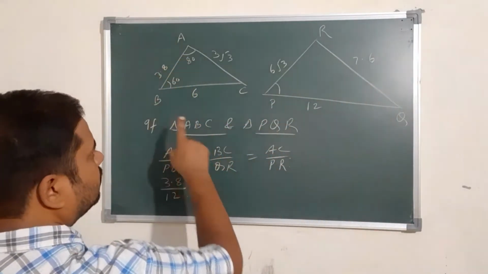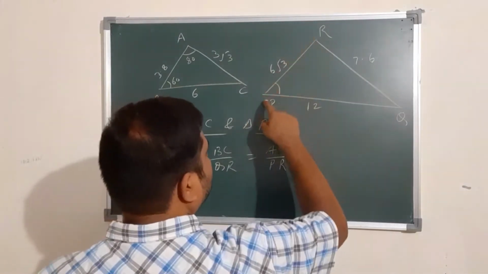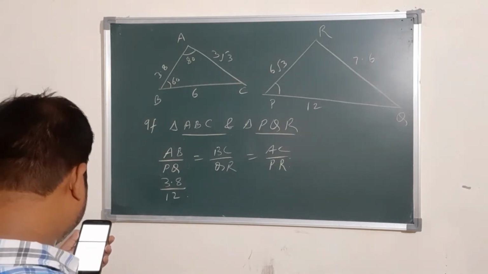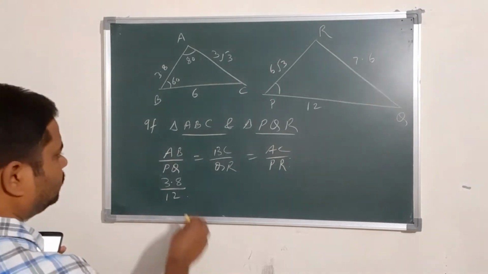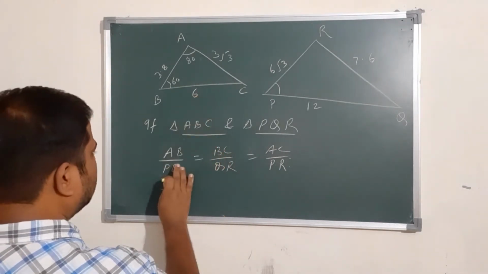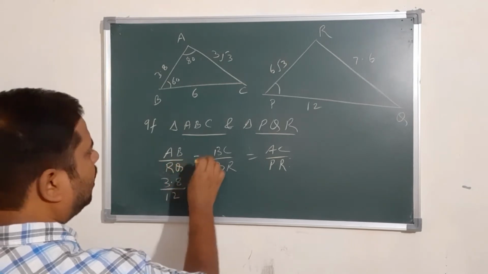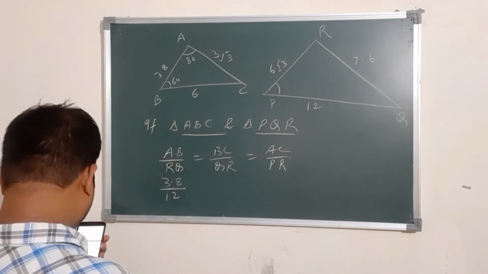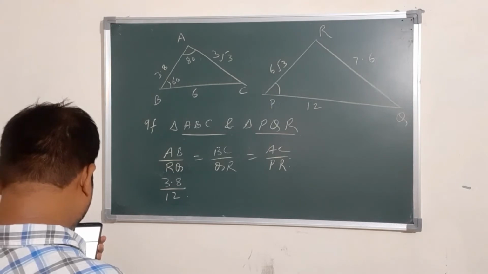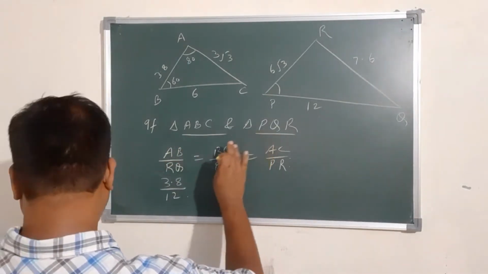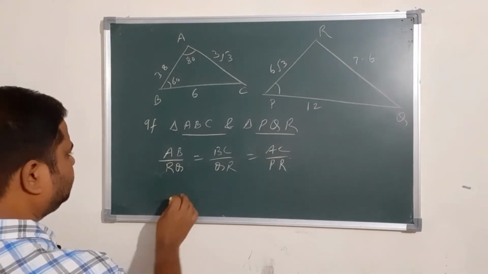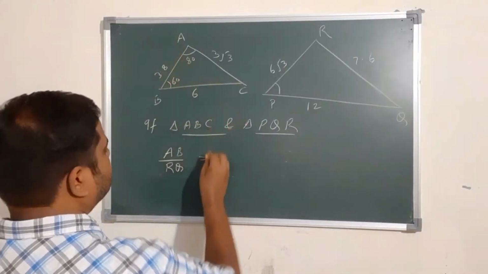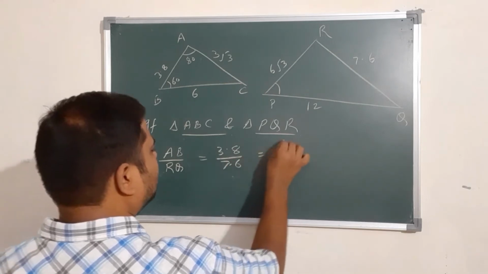AB upon RQ in triangle PQR. AB is 3.8, this is 7.6, so the ratio is 1 by 2.